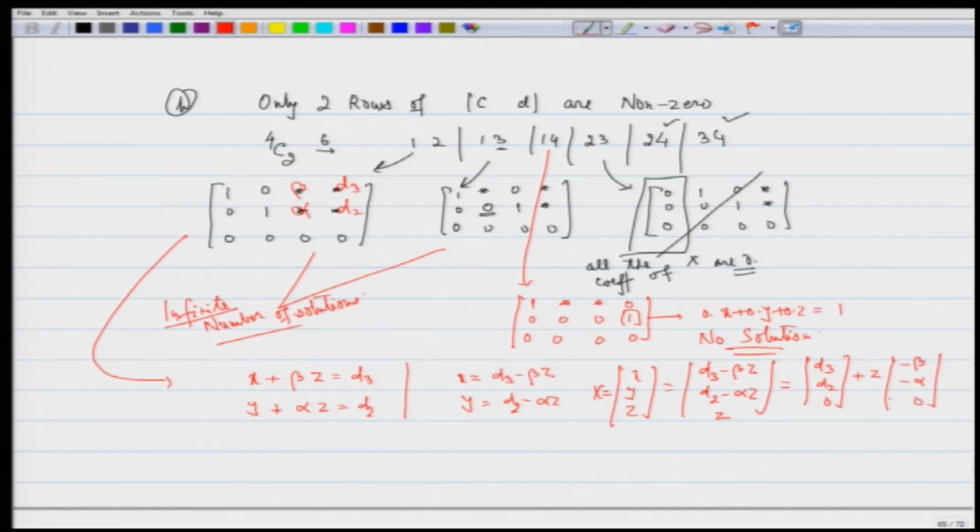And this z is arbitrary, and therefore, I can keep replacing the value of z by 0, 1, 2, e, pi, whatever real number I can think of, and therefore, this gives me an infinite number of solutions.